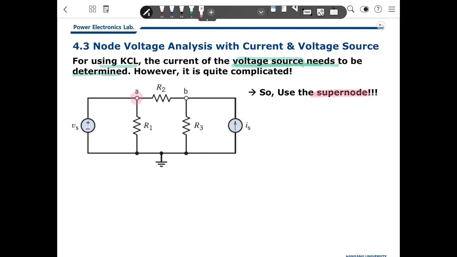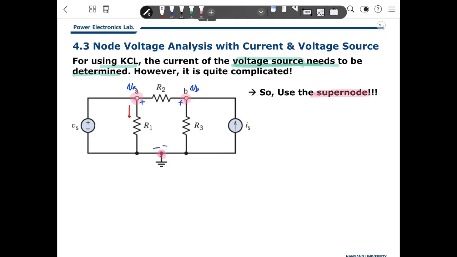Node A is right here, this is node B, and this is node 3. There are 3 nodes, and one is the reference node, so you can use the 2 nodes here, A and B. Let me give you an example. You can say this is VA, and this will be VB, from ground here.